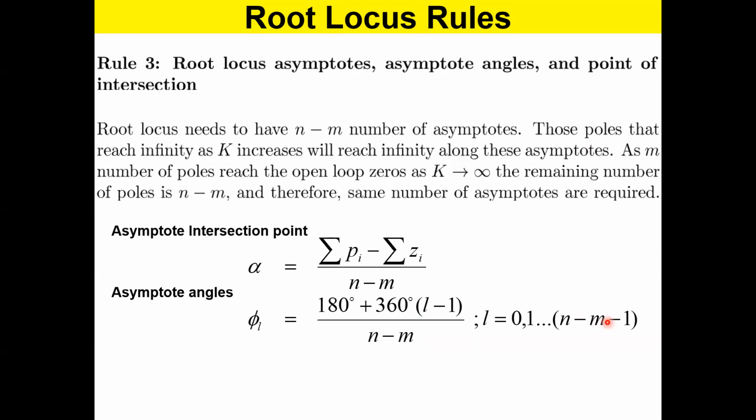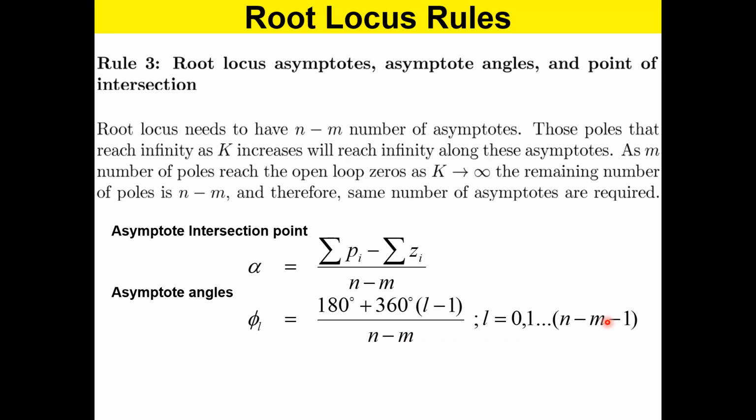So we'll use that equation because as you know, all of these 4 poles are actually going to infinity as you increase k. So they are actually going through 4 straight lines. We are now going to find out the angles of these 4 straight lines.